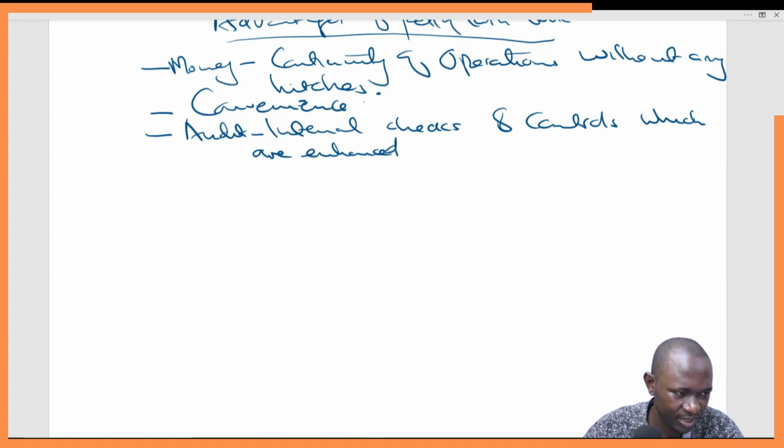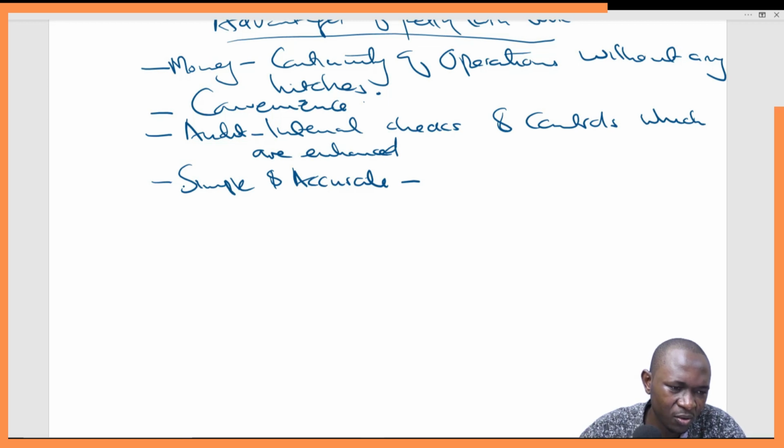The other thing is that normally it's a simple way of keeping books, simple and accurate, because in the imprest petty cash system we have different vote heads. They are recorded according to these vote heads, and we have a specific person, the petty cashier, who does the recording.